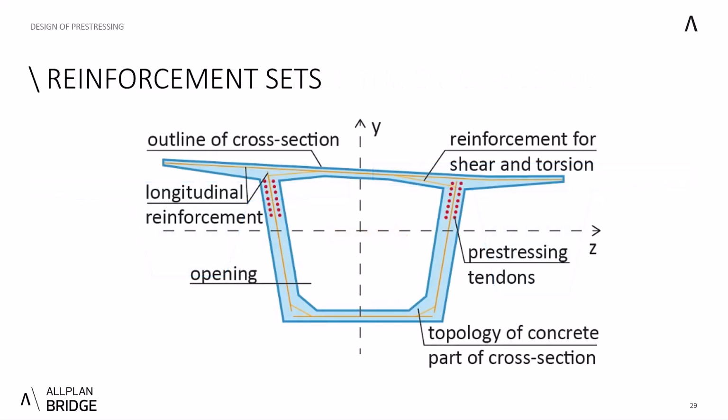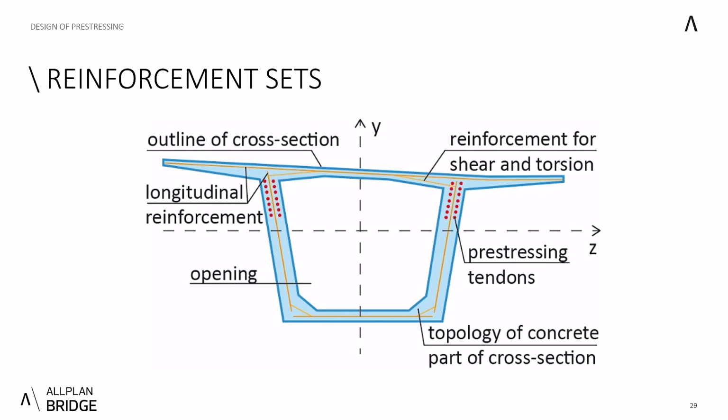Let's try the first potential solution: to add soft reinforcement to bottom fibers to release the concrete in compression. Non-prestressed reinforcement is defined via reinforcement sets. Topologically, a reinforcement set is a polygonal line, which is orange in the picture.